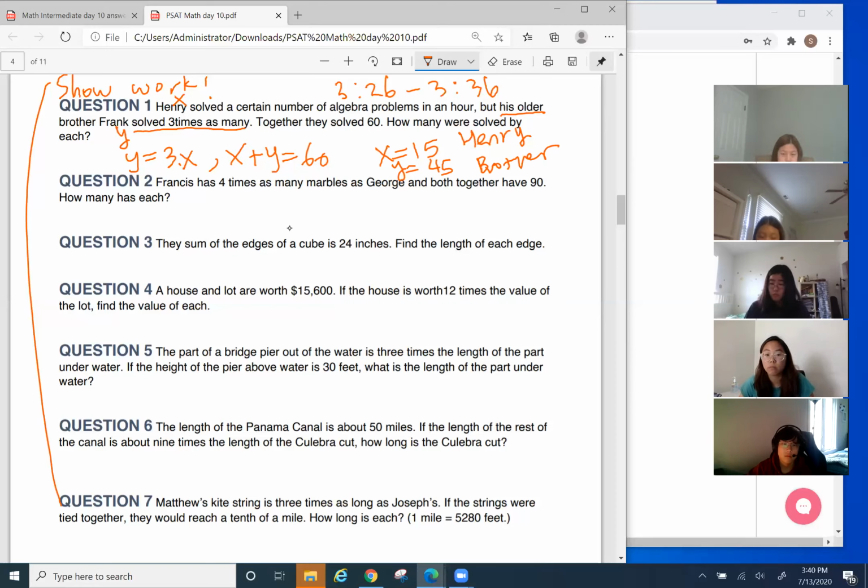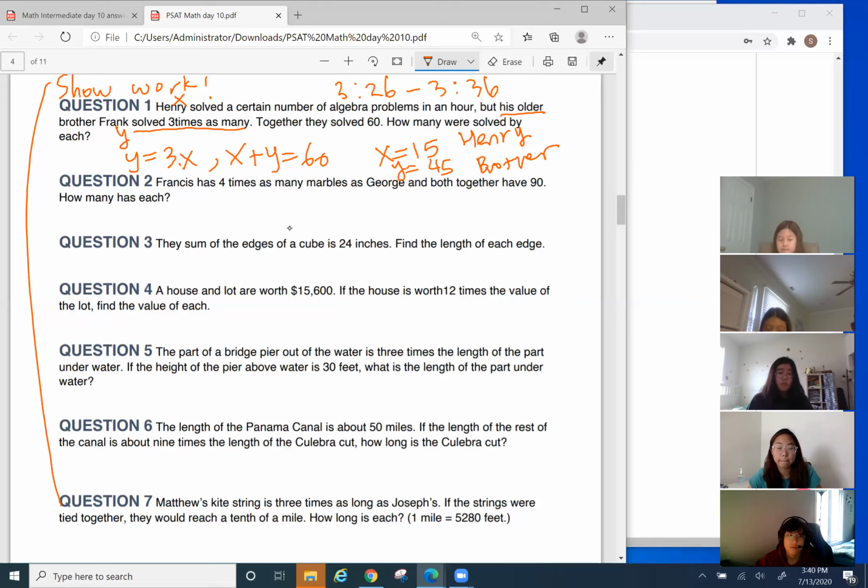One of the very confusing questions, I think, is the color question. It's a little bit easier to imagine that he has a brother who's faster, but when you have marbles, it's kind of hard to imagine.